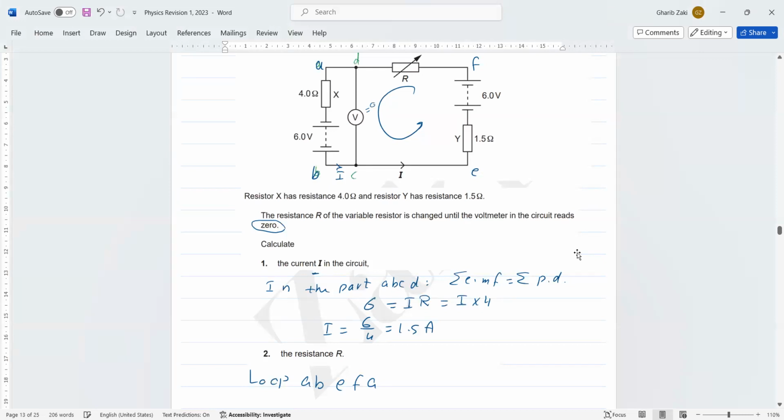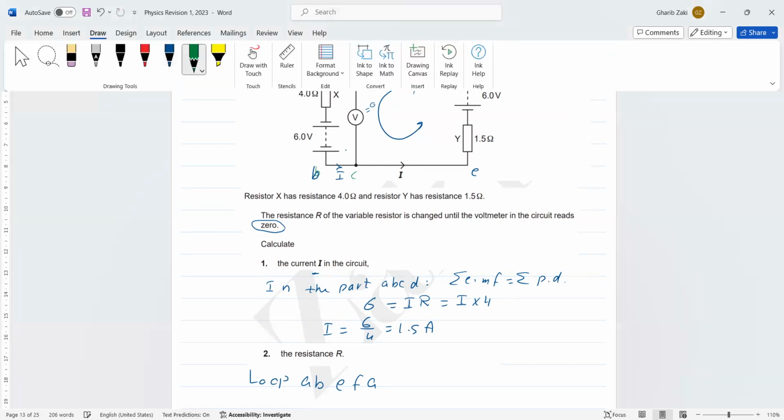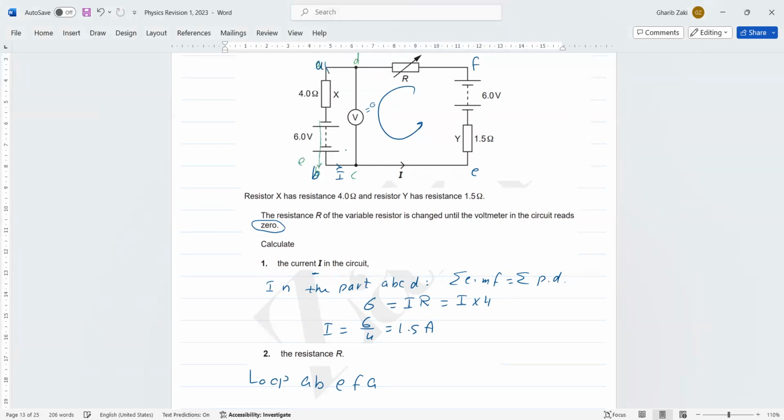It's all closed circuits. Now, in A, B, E, F, A, we use Kirchhoff's second law. We can start from this point. Now, the current we already got. It's negative because of the resistor, the same way as we did before in Kirchhoff's first law. This is the direction of electron flow.